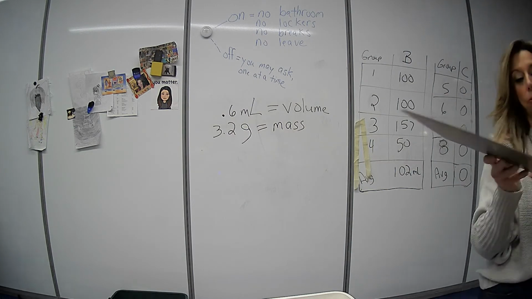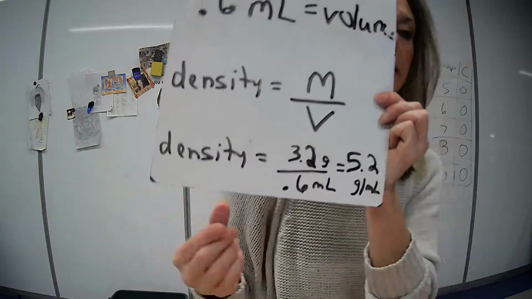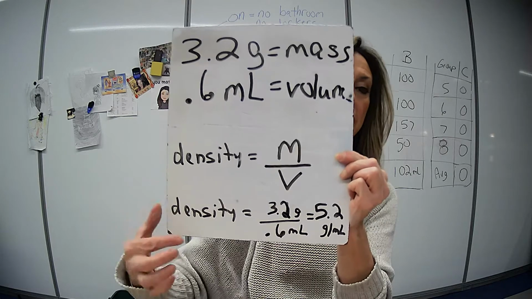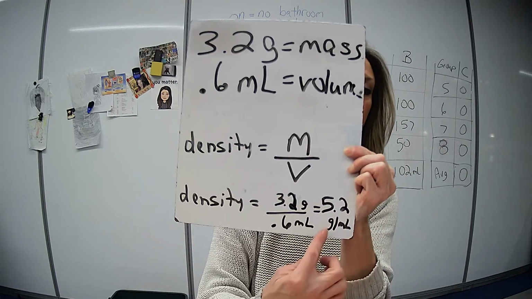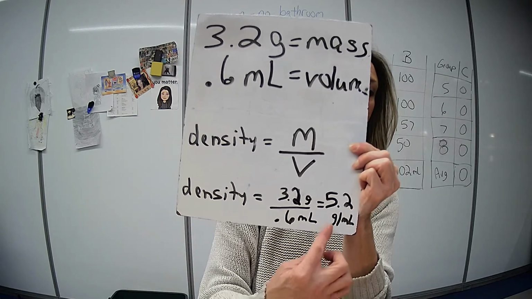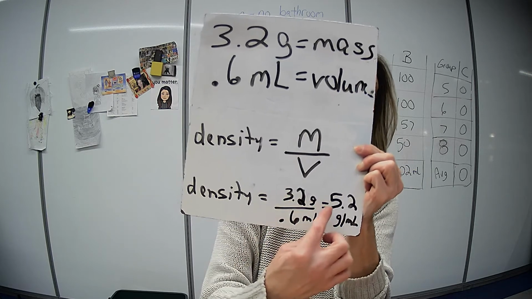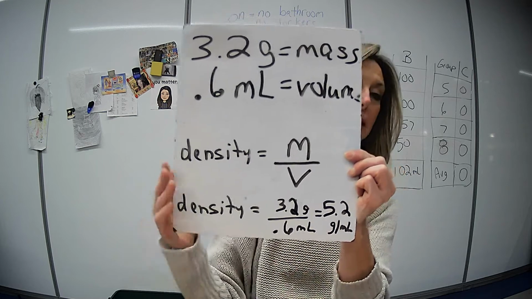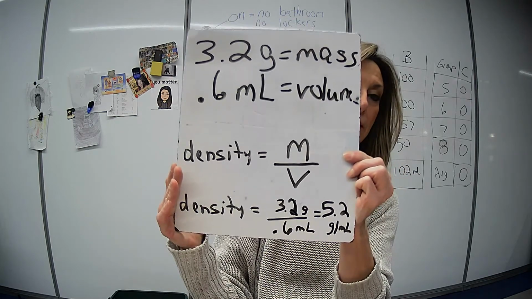If I take 3.2 and I divide it by 0.6, which is its volume, I'm going to get a density of 5.3 grams per milliliter. So 5.3 grams per milliliter is the density of the object, okay?